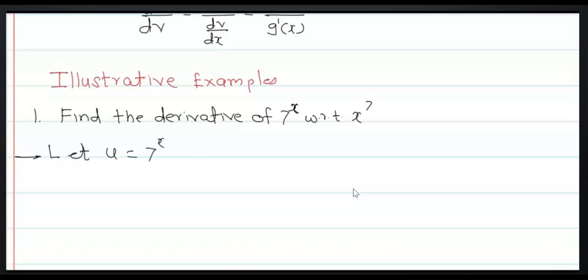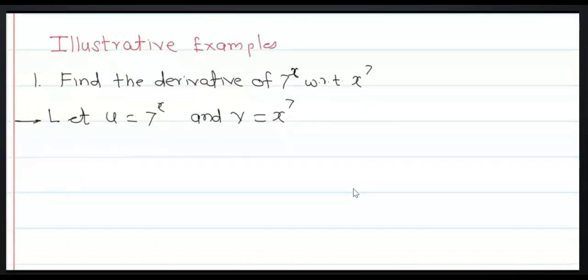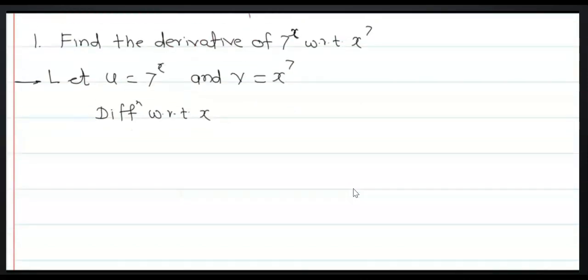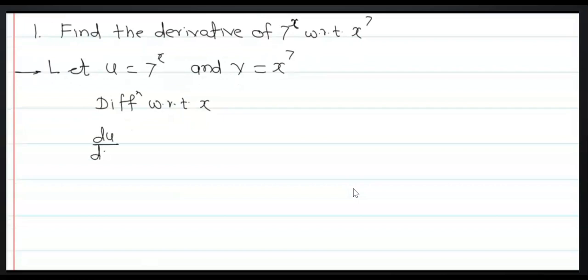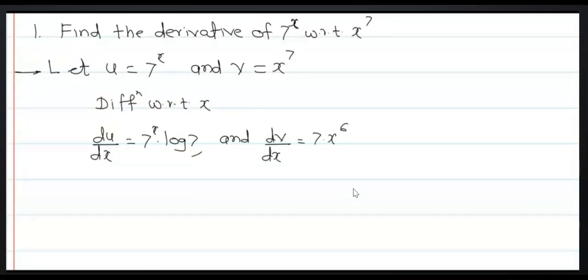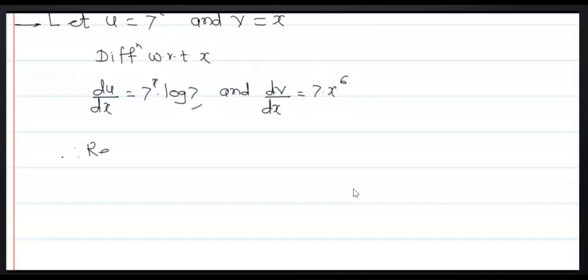Let u is equals to 7 raised to x and v is equals to x raised to 7. See this, 7 raised to x, x raised to 7. One is an exponential, another is an algebraic. The derivative of 7 raised to x is 7 raised to x into log of 7, and the derivative of x raised to 7 is 7x raised to 6.